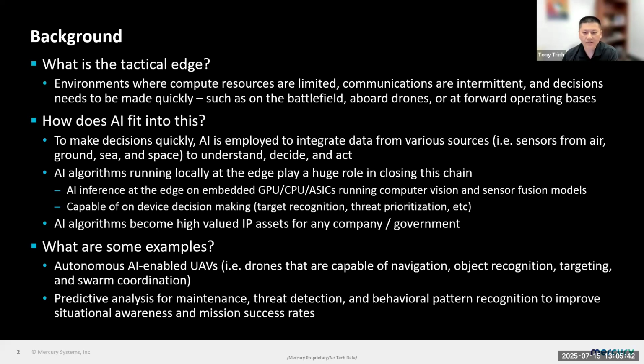So how does AI fit into this? In the traditional sense, before AI came along, a lot of these decision making were local to the actual platform itself.